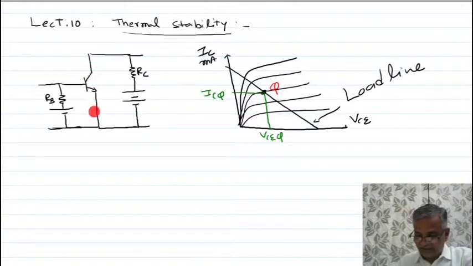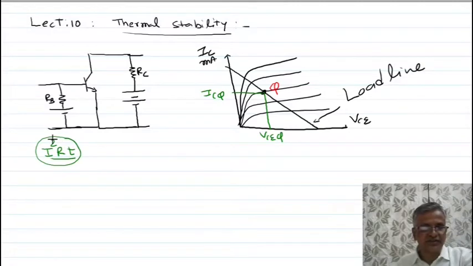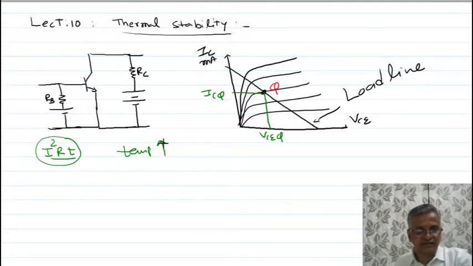Now, as current is passing through this circuit, due to heat energy produced in the collector region of the transistor, the temperature of the transistor increases. Actually, heat is produced in the entire transistor, but I am using the word collector region because the volume of the collector region is maximum, so we give importance to the heat dissipated in the collector.